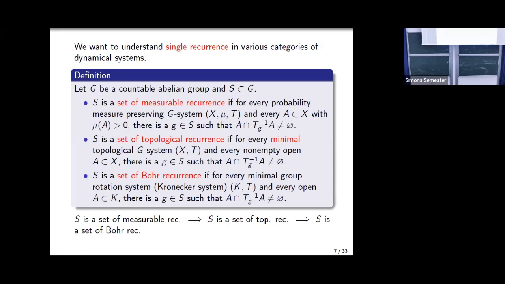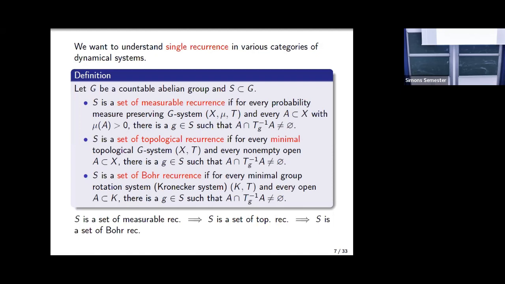If you have a countable abelian group and a subset of the group, you say it's a set of measurable recurrence if for every measure preserving system and every set of positive measure in the system, there is a g in your set that brings the set of positive measure back to itself.